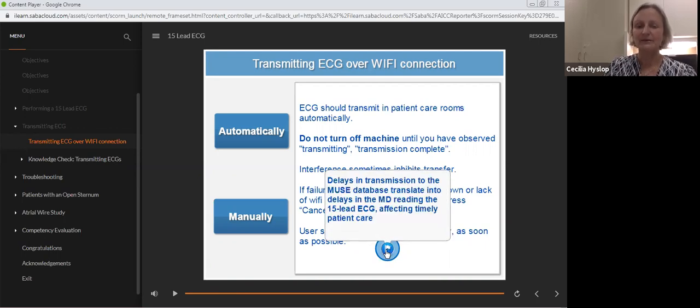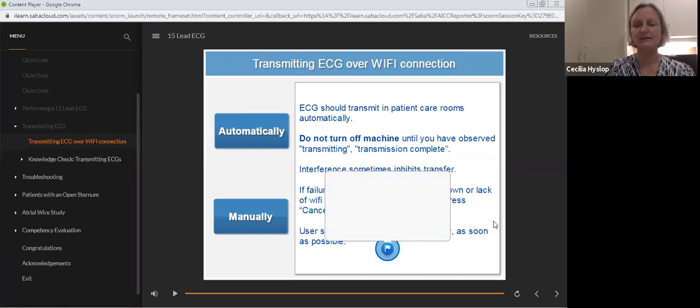And we have to remember that if we have pressed cancel because it didn't automatically transmit up to the Muse database where the ECGs are stored, and then the physicians read it, that's somebody validating and verifying the information that the 12-lead machine has written on it, so we want to make sure that the information that gets transmitted into the patient's chart is actually correct, validated by an expert.